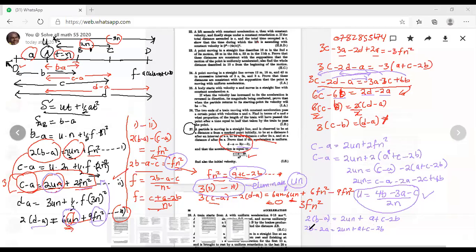This 2B crosses over, gives us a 4B. This A crosses over, gives us a negative 3A. This C crosses over, gives us a minus C, is equal to 2Un. Hence, same answer. Hope you see that you get the same answer.